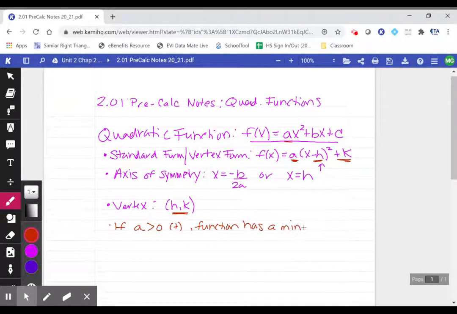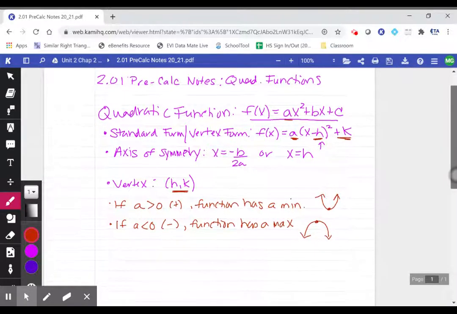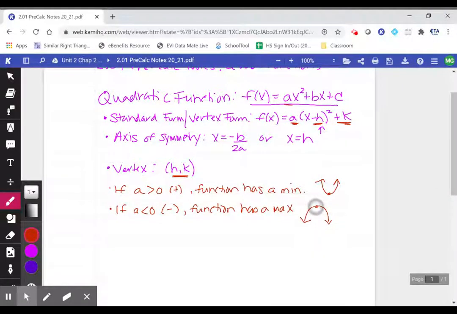It's a happy curve, it's smiling. If a is less than 0, meaning it's negative, then the function will have a maximum. If it is sad, it's going to be a frowny face. People are sad and they frown, and then you have a maximum there.